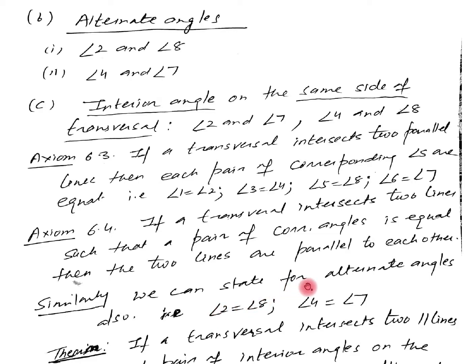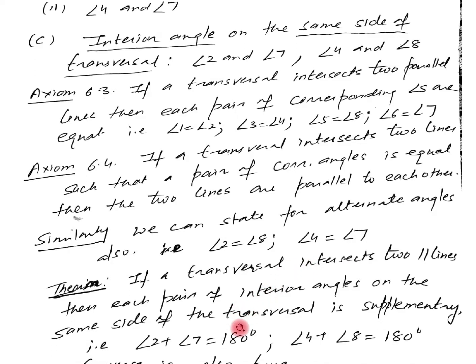Similarly, we can say about alternate angles: if the lines are parallel, then alternate angles are equal. If angles are equal, then the lines are parallel. Now the next theorem is here. If a transversal intersects two parallel lines, then each pair of interior angles on the same side of the transversal is supplementary.